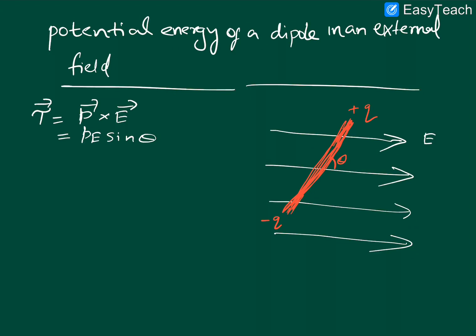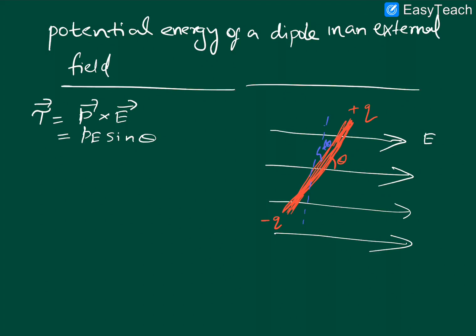Now imagine that with the presence of this external field, by the application of an external torque, your dipole is rotating from its initial position and aligning at some other orientation by an angle d theta.